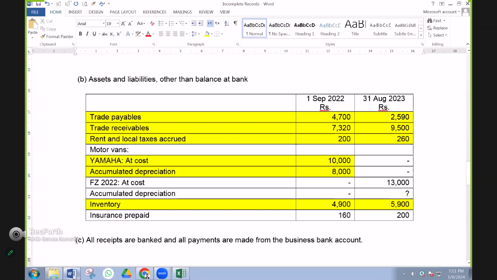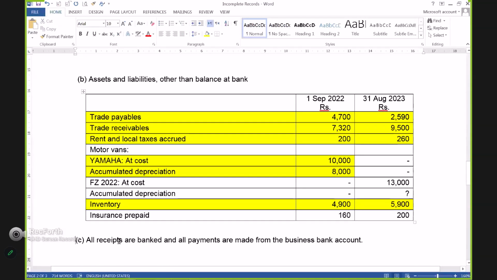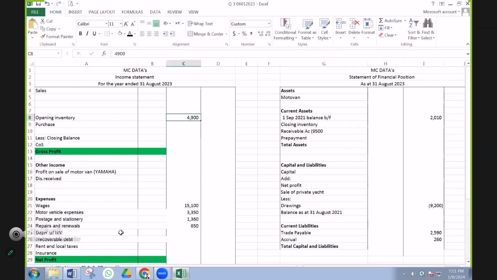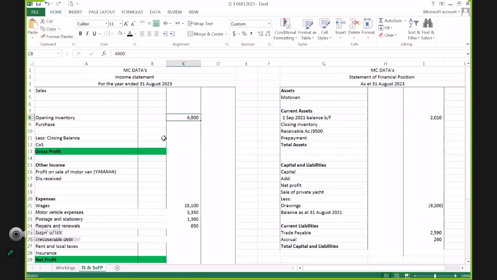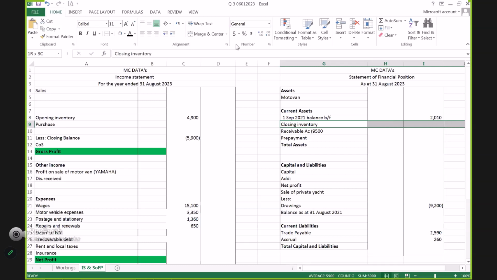What about the closing inventory? Closing inventory 5,900. The closing inventory is transferred to the income statement as well as the statement of financial position. 5,900 you have to deduct in the income statement and also closing inventory in the statement of financial position 5,900. Okay, so each and every one is transferred as per the double entry system.